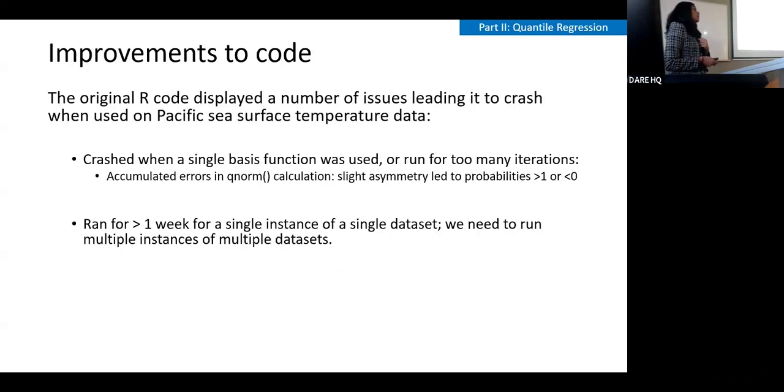Now, the code that was provided by the author of that original paper was set up for a relatively small data set that converged quite quickly.